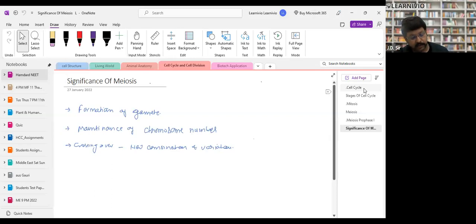Now I have a question, a very practical and very logical question. There is a parent, meaning a father and a mother. They have 4 children, right? 2 boys and 2 girls, ideally.